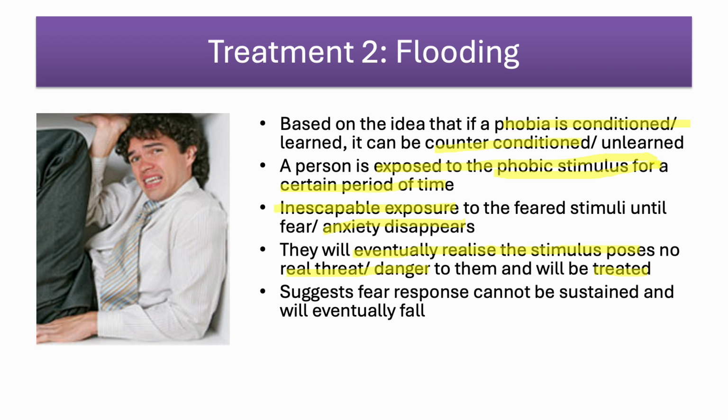And this works on the premise that the fear response cannot be sustained and it will eventually fall. So if you are exposed to that phobic stimulus for that certain period of time, which is decided by the therapist, eventually that anxiety that you feel will subside and you will learn. Again, learn is important in behaviourist treatments, but you will learn that it poses no threat, or you will unlearn the fear that you once learned through the two-process model.